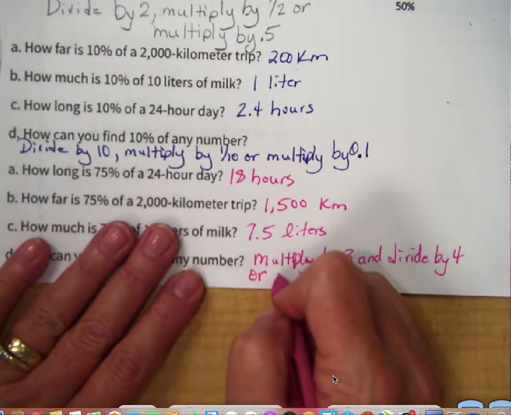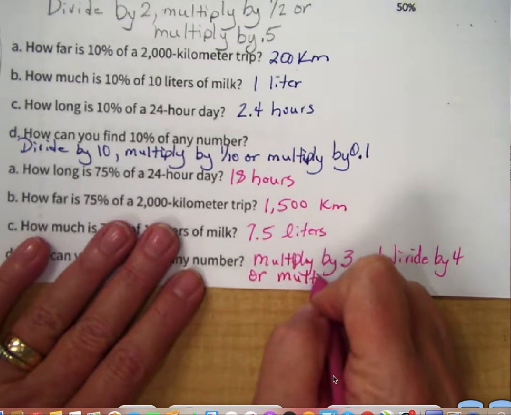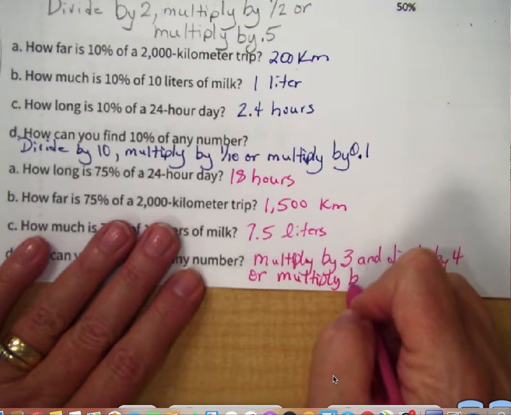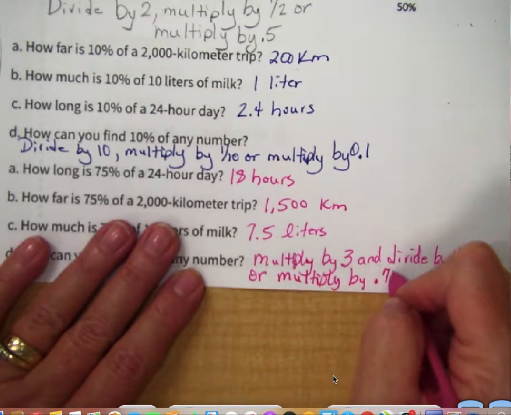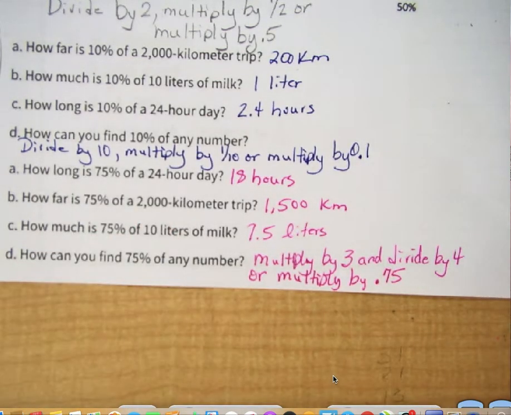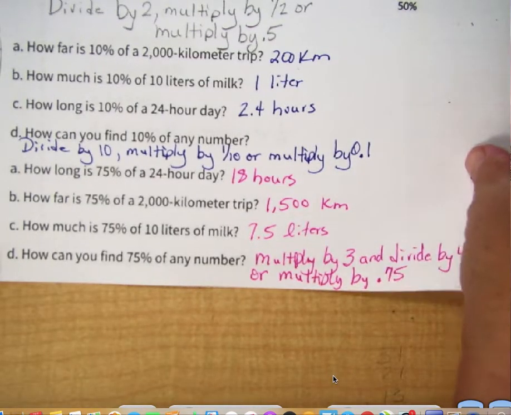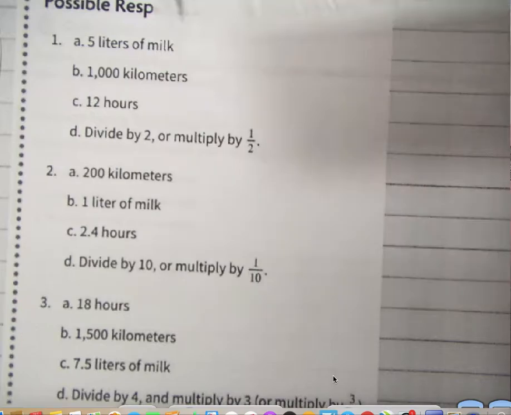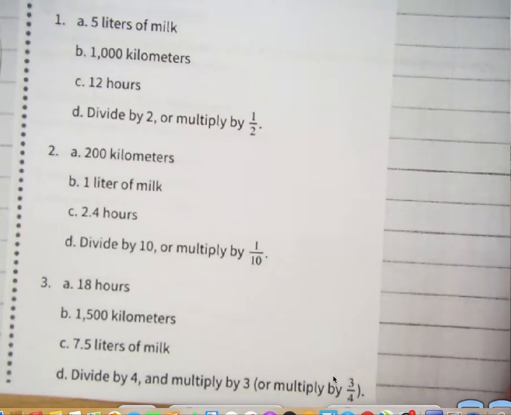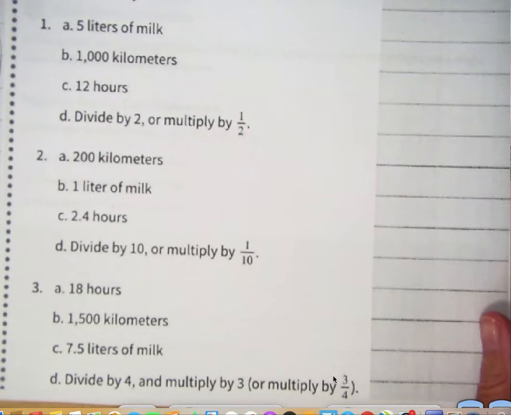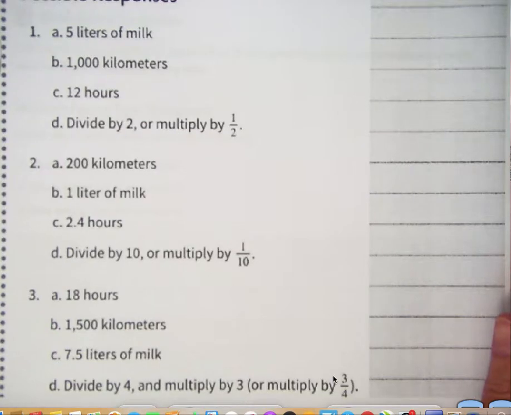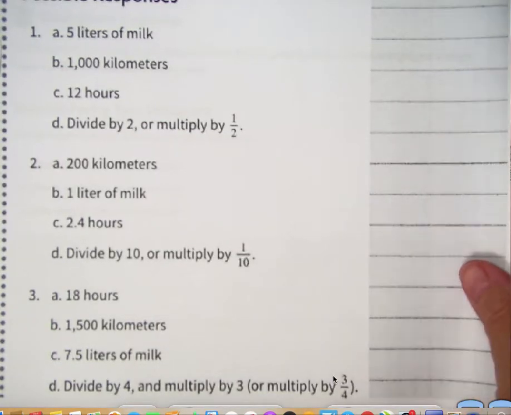Or multiply by 0.75. Okay? Any questions? And again, here are the fancy answers. If you want to pause the video and get those written down, you can.